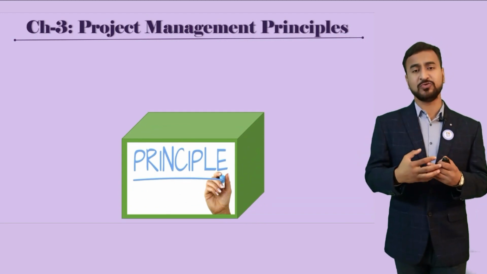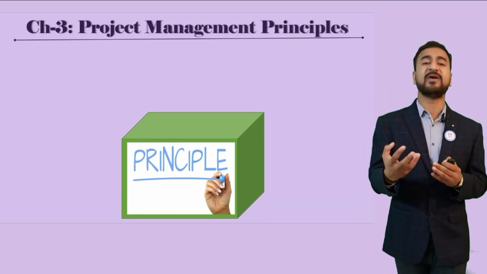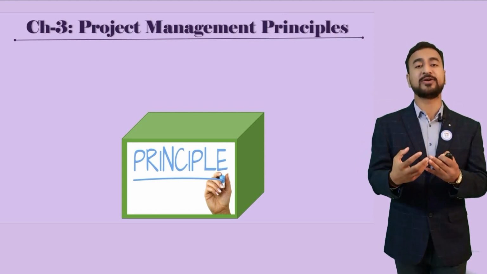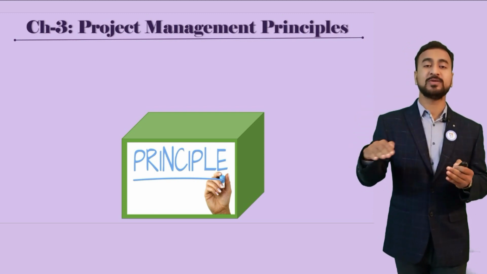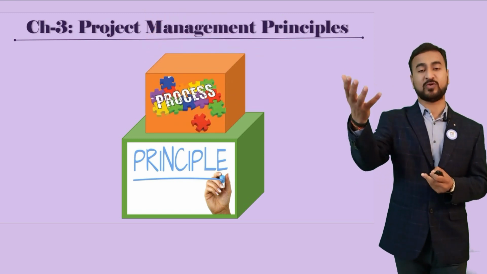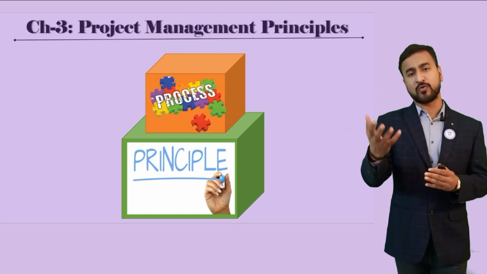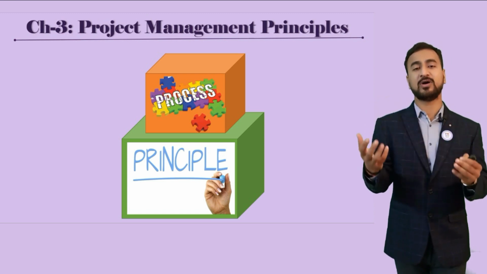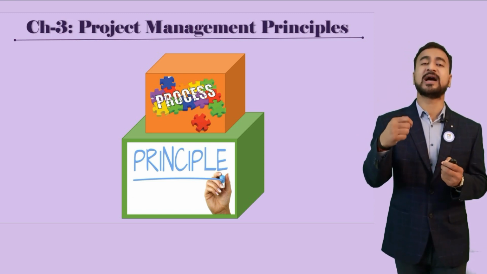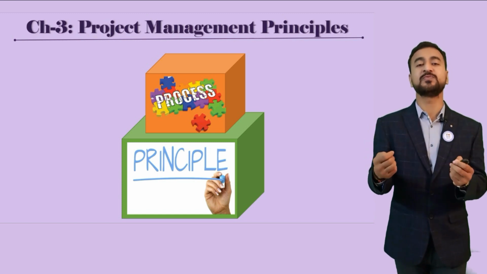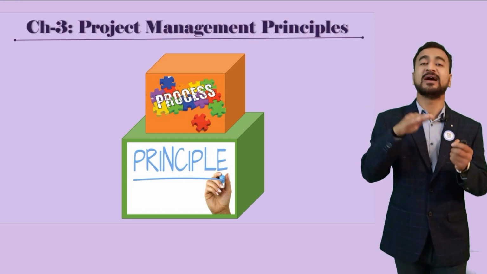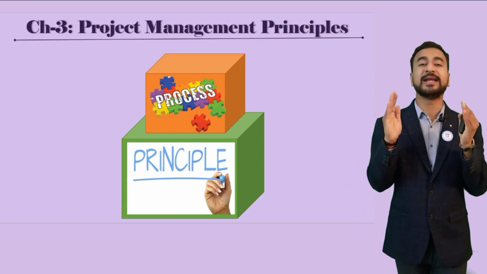So what is the solution? We have to define the principles, that is what we want to achieve and how we want to achieve it, and based on these principles we define the processes. So if tomorrow you want to change certain processes based on the demand of the hour, or some processes become redundant or not useful for your project, you change those processes, but the underlying principles remain intact.